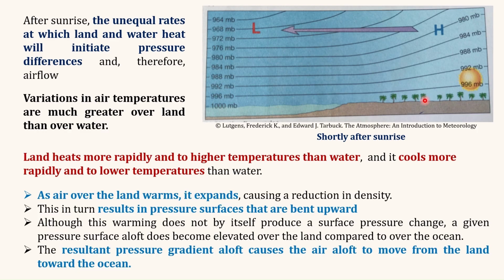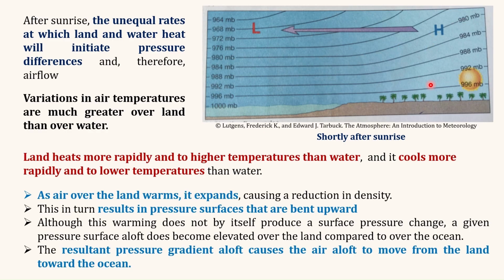As air over the land warms, it expands, which causes a reduction in density. And as we discussed in the initial part of this video, when the temperature of the atmosphere is high, the same pressure level is present at a higher altitude. Thus, in this condition, the constant pressure surfaces are bent upward over the land.